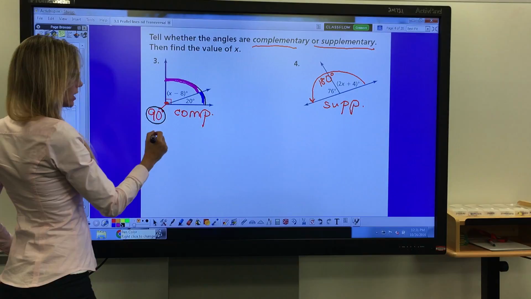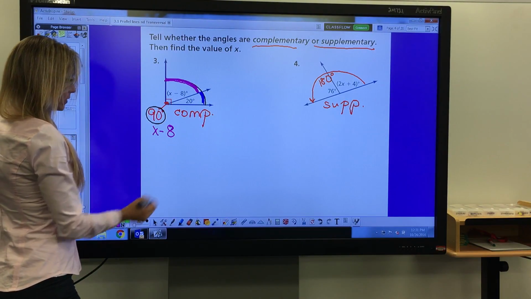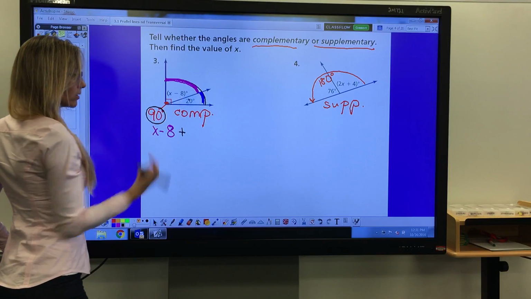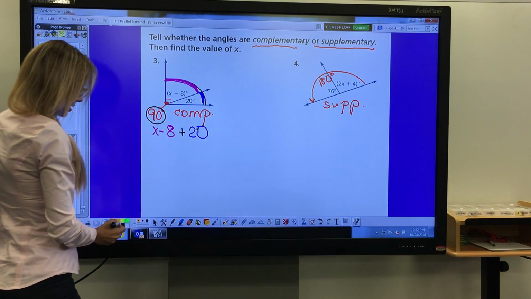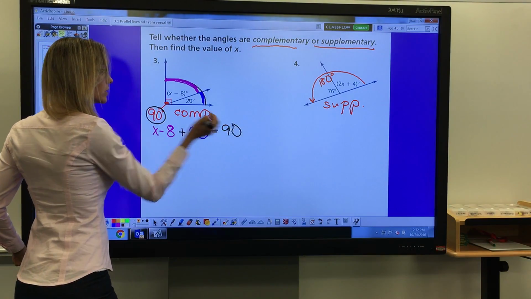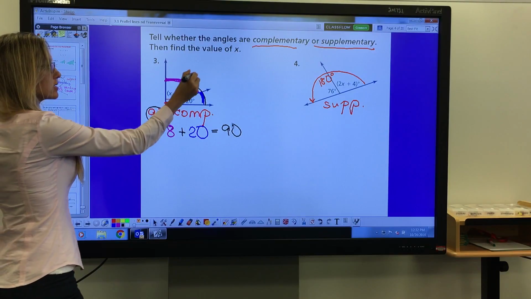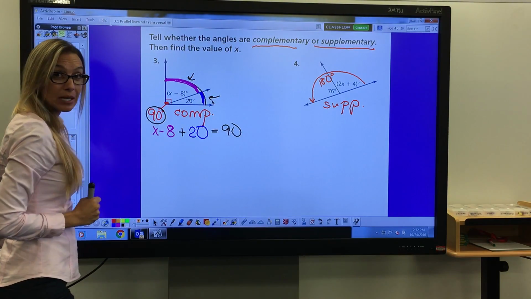So the first angle in here is x minus 8. And I know that if I add it to this angle that is 20 degrees, the sum of those two is going to be equal to 90 degrees because they're giving me 90 degrees. This one and that one, the sum of them is 90.